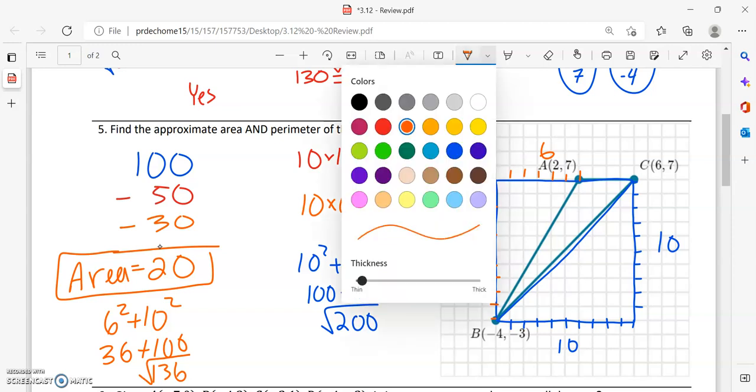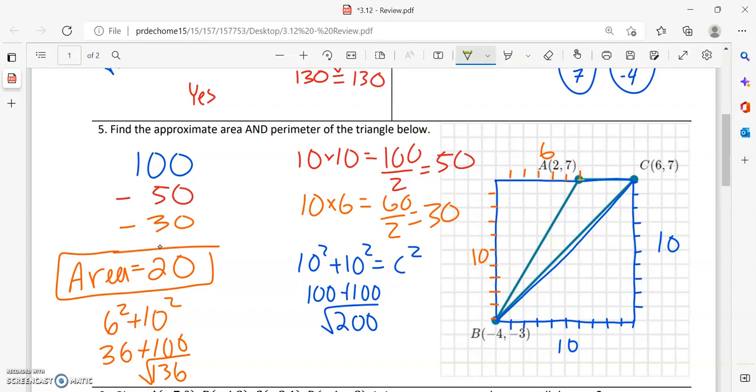And finally, we have one more side we have to figure out, which is actually the easiest one. It is a flat line. You just count it. 1, 2, 3, 4. So you'll put square root 200 plus square root 136 plus 4. Put that into a calculator, and you should get 29.8.